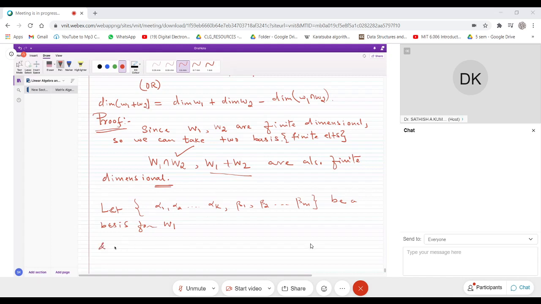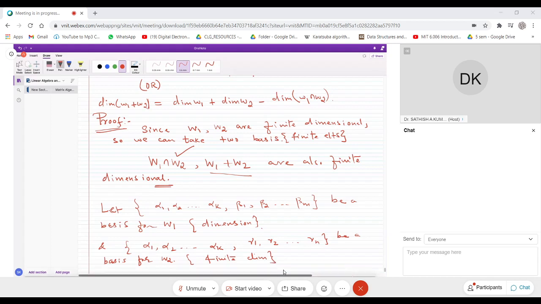Similarly, alpha 1, alpha 2, the same vectors exist in W2 also, but we'll change this part. We'll take gamma 1, gamma 2, to gamma n, be a basis for W2. Because of the finite dimension, we have taken this.